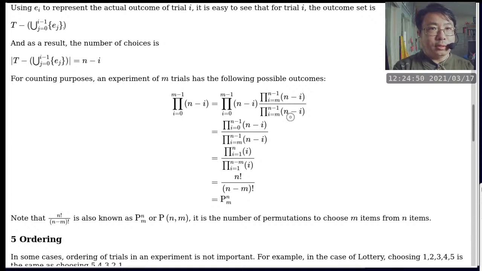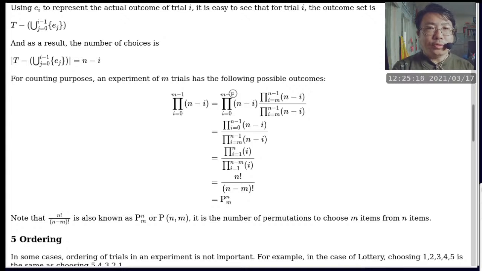But it is also a little bit interesting when you look at the index, where i starts and where i ends. The expression itself is still n minus i, and is also n minus i over here. But when you look at how i changes, it is a little different. This i goes from m to n minus 1. This i goes from 0 to m minus 1.